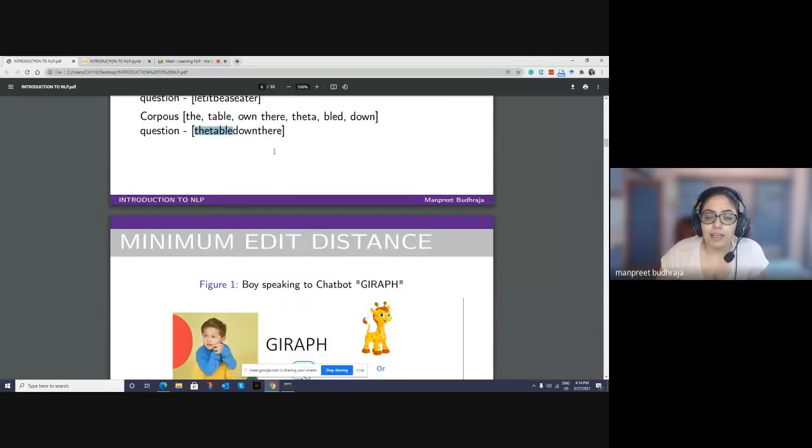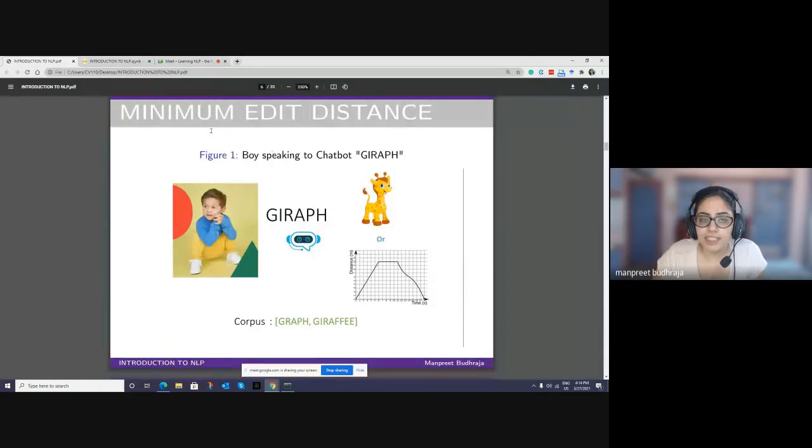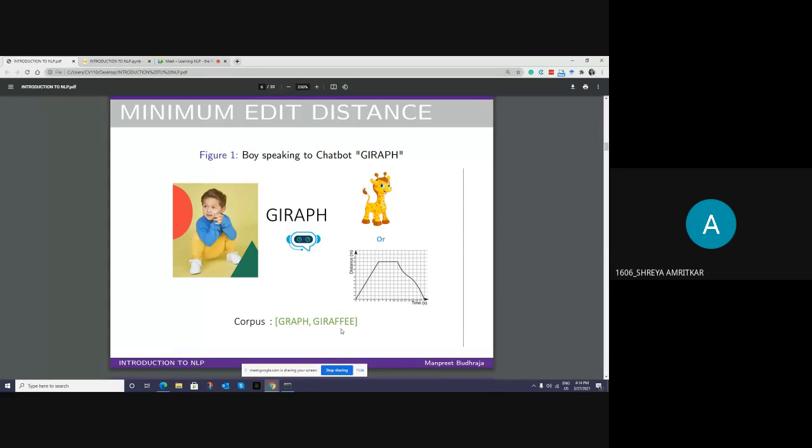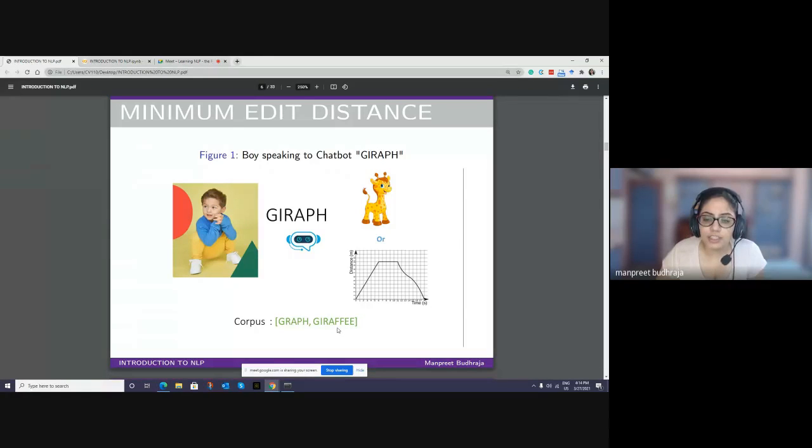Okay. Now the next thing we would see is the minimum edit distance. Given this word, what do you think your mobile would predict to give you the correct word? Graph or giraffe? Graph maybe. Okay. Giraffe. Yeah, giraffe, because it's more similar to what it's trying to tell rather than graph.